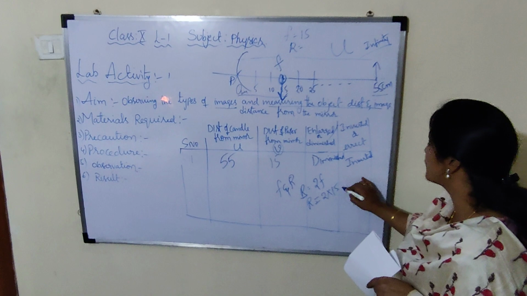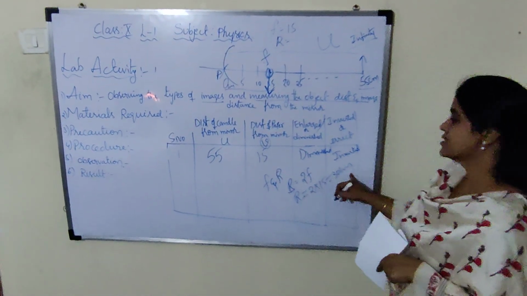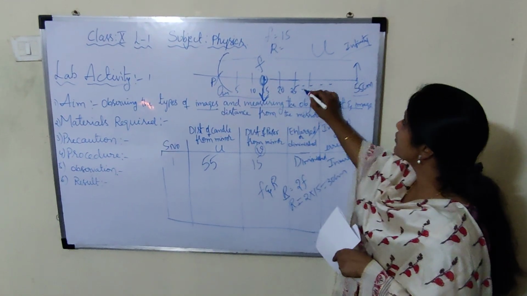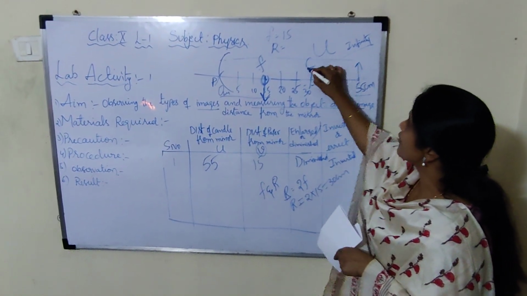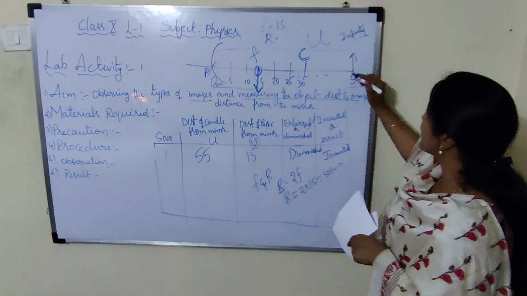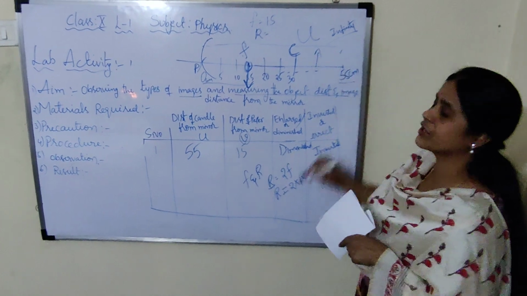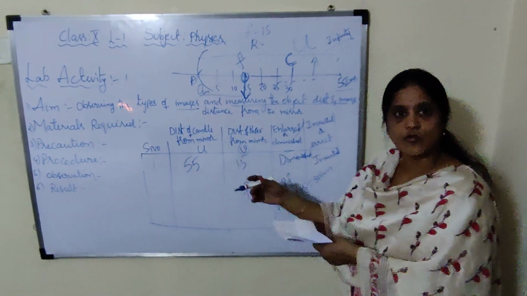Then it becomes 30 centimeters. So here we'll get the center of curvature of this concave mirror. Now I place this candle somewhere beyond 30. We'll observe what type of image we get.